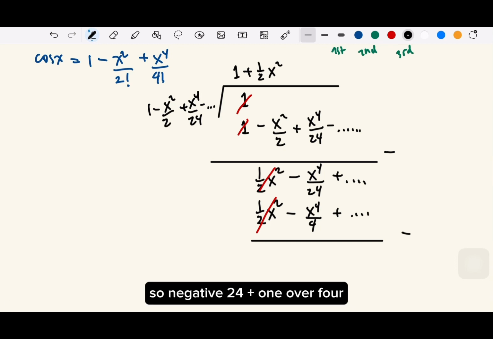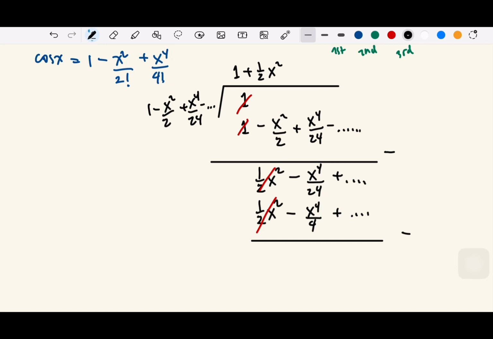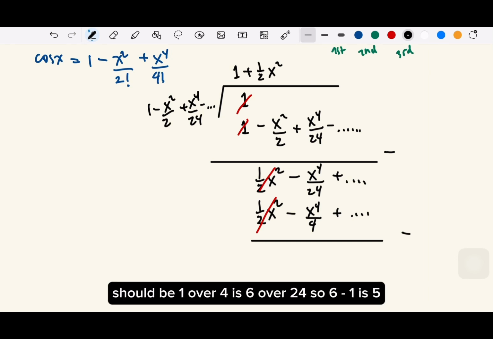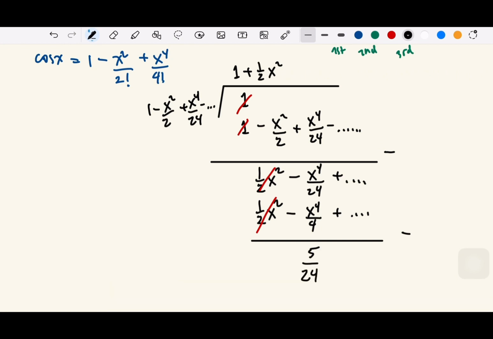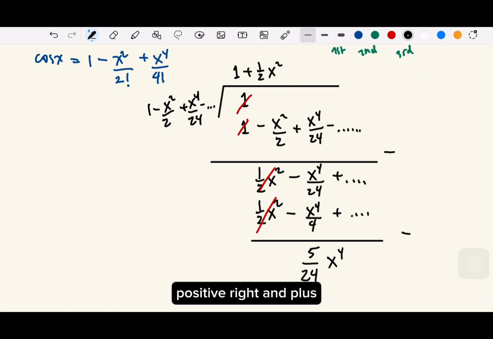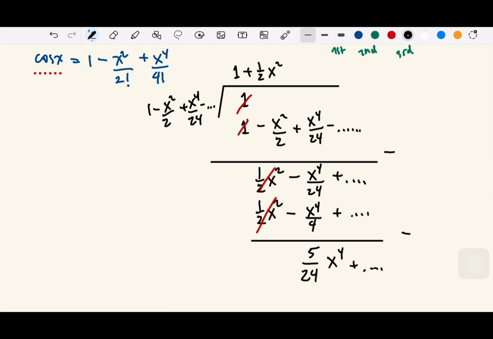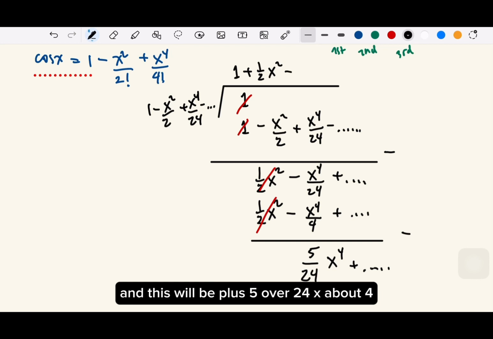So negative 1 over 24 plus 1 over 4, where 1 over 4 is 6 over 24. So 6 minus 1 is 5, positive, right? And then plus dot dot dot. And this will be plus 5 over 24 x to the power 4.